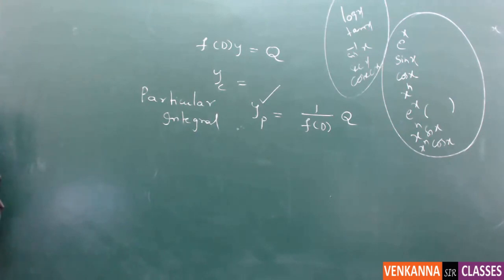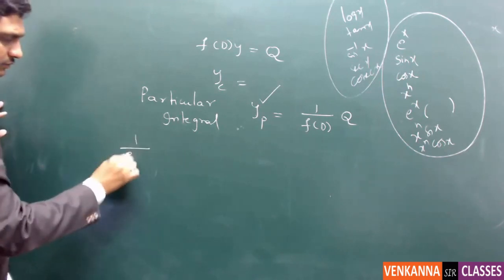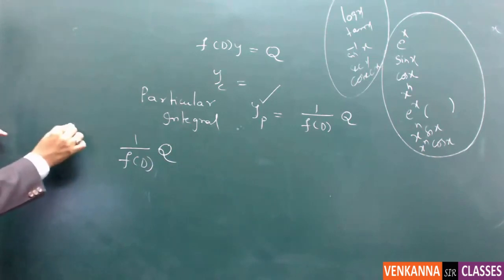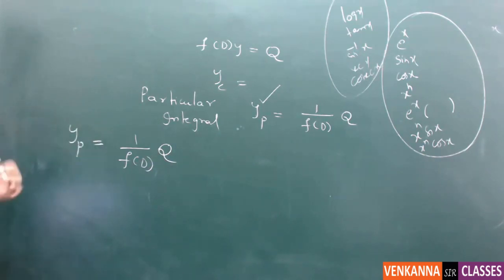If the right hand side contains log x, sin inverse, cos inverse, tan x, cot x, secant or cosecant, procedures are not defined. However, one standard formula is there that yp is equal to 1 by f of d into q.